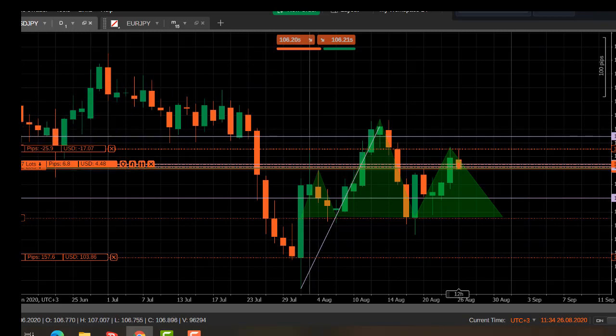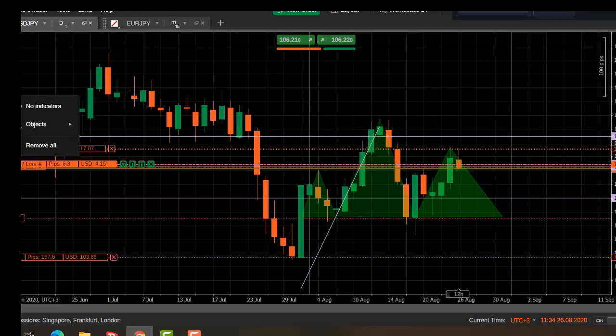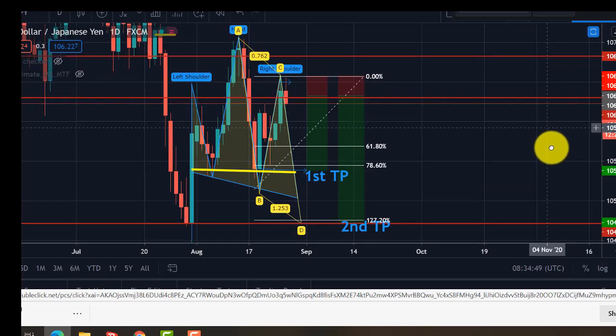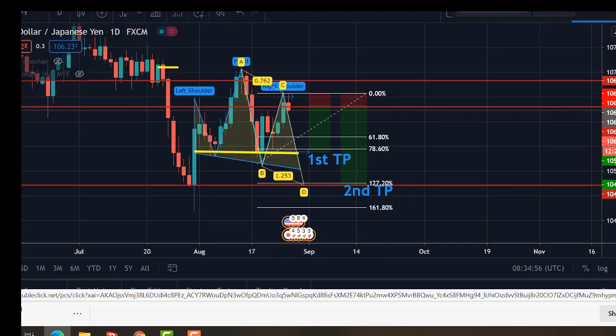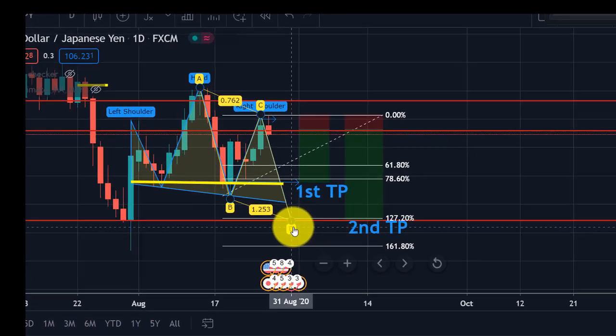Kasi po, there is a pattern forming. Yan po, 1 day time frame. Makikita mo, this is the head and shoulders. Tapos meron pong ABCD pattern, no? ABCD.